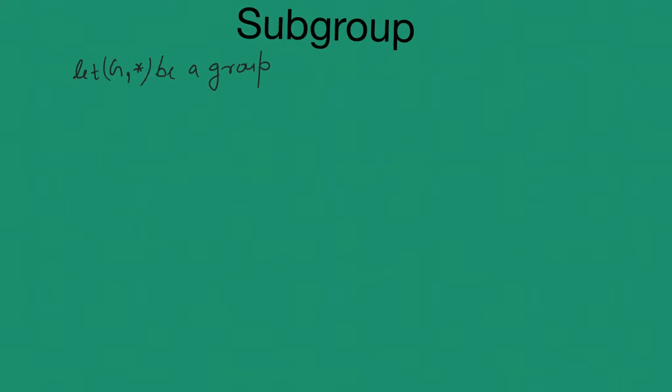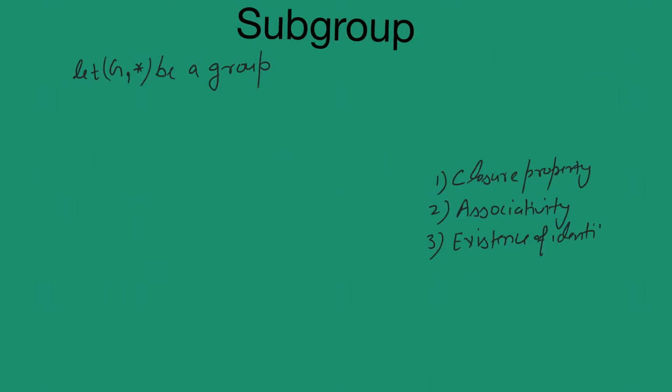And you know the properties to be satisfied for a non-empty set to be a group: number 1, closure axiom, closure property; number 2, associativity; number 3, existence of identity; number 4, existence of inverse.